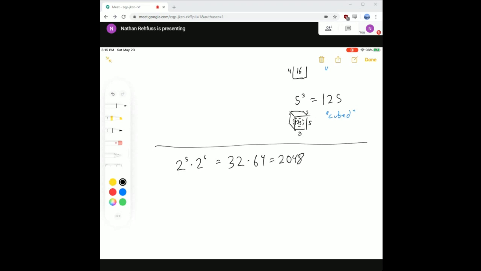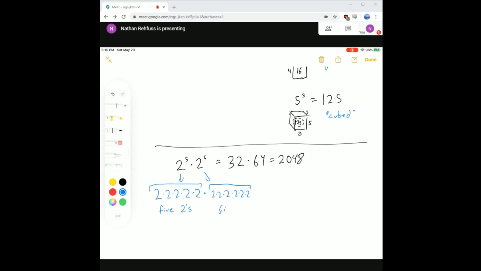But there's a better way. See, when I write 2 to the 5th, let's use this as a consequence of the definition. What I mean is 2 times 2 times 2 times 2 times 2. There are 5 2's. And when I write 2 to the 6th, I mean 2 times 2 times 2 times 2 times 2 times 2.